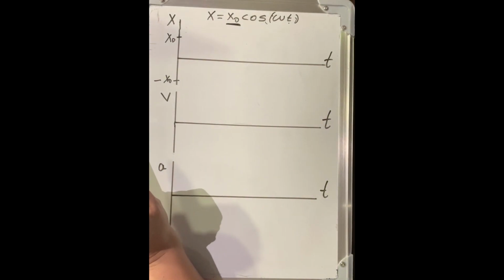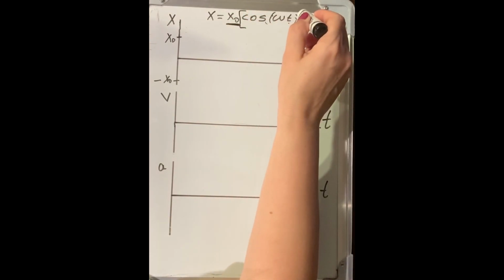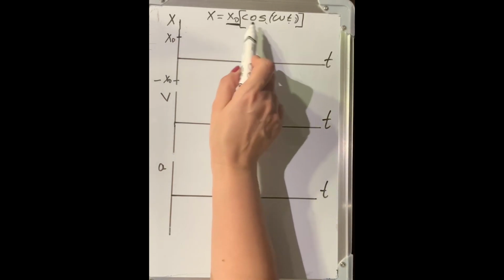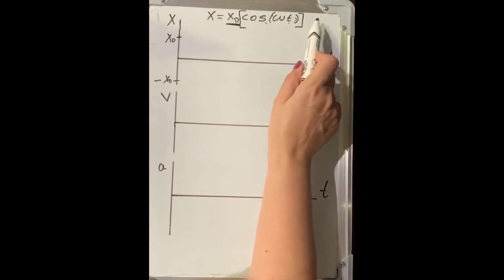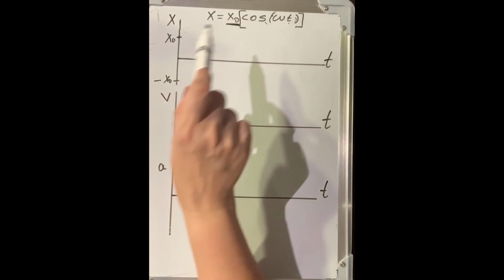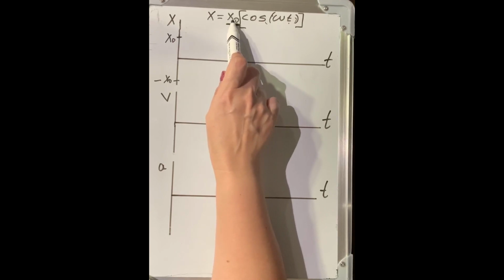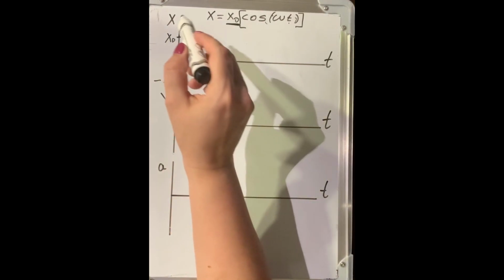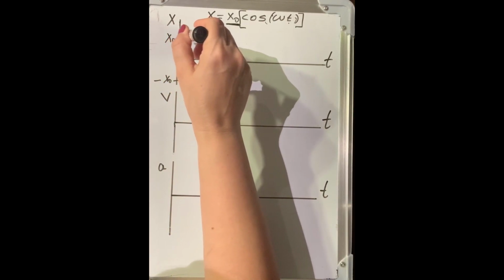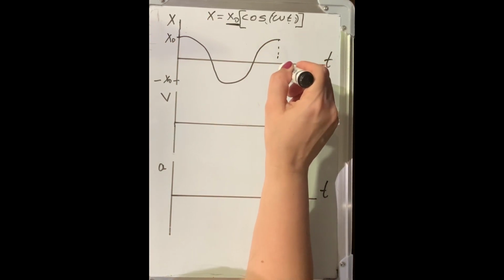This is the maximum value of this function. So like any other trigonometric function, whatever is in front of the cosine part is the amplitude of that function. So at t equals 0, the value of x would be the amplitude. So this becomes a cosine function, which would look like this for one period.